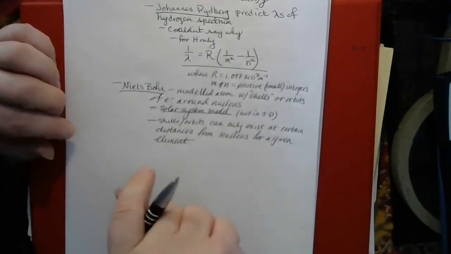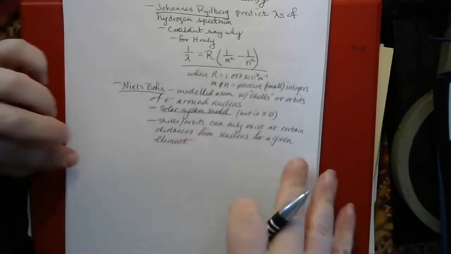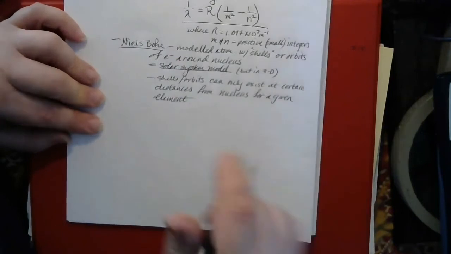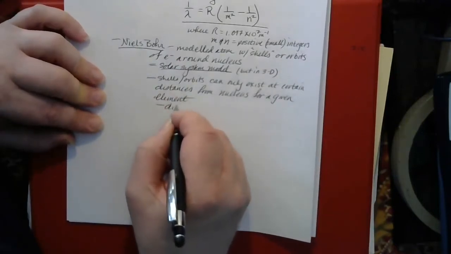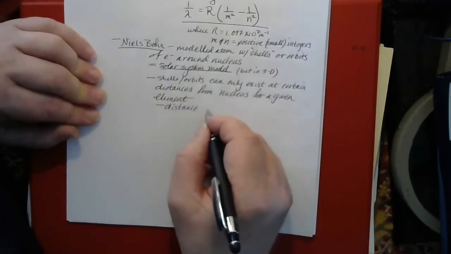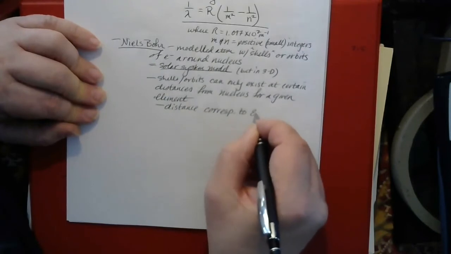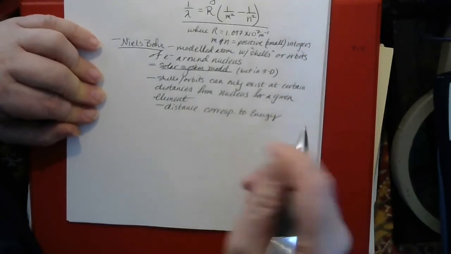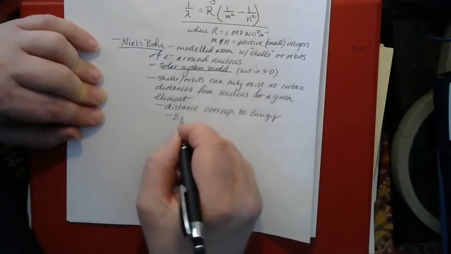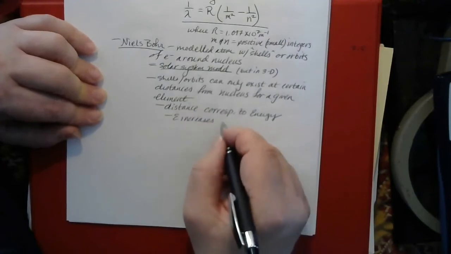But if you look at a different element, the shells in that element will be different distances from the nucleus. The distance corresponds to energy. And energy increases as you move away from the nucleus.